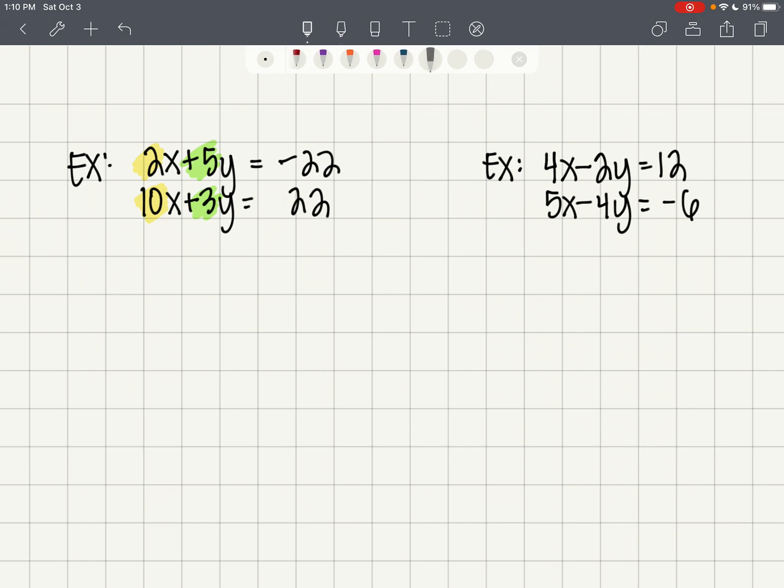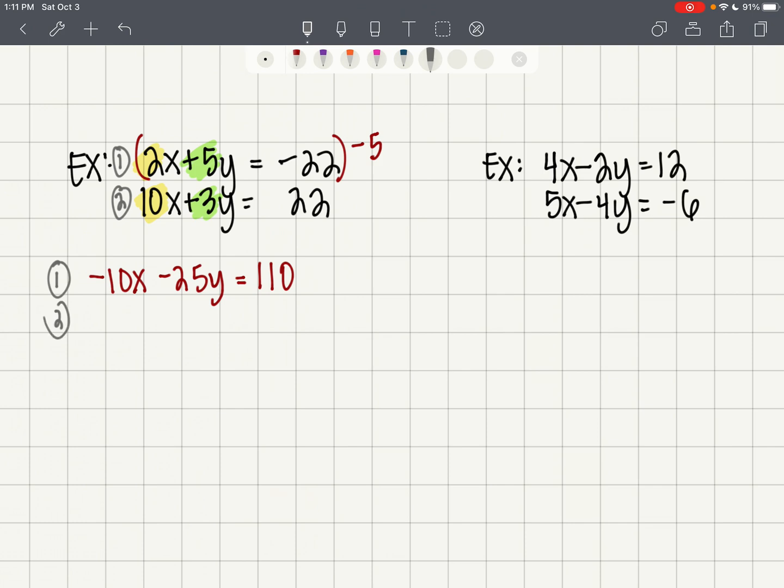Well, equation 1, we'll call the first one on top, and equation 2 is the second one just below. If I take equation 1 and multiply it by negative 5, equation 1 would become negative 10x minus 25y equals 110.